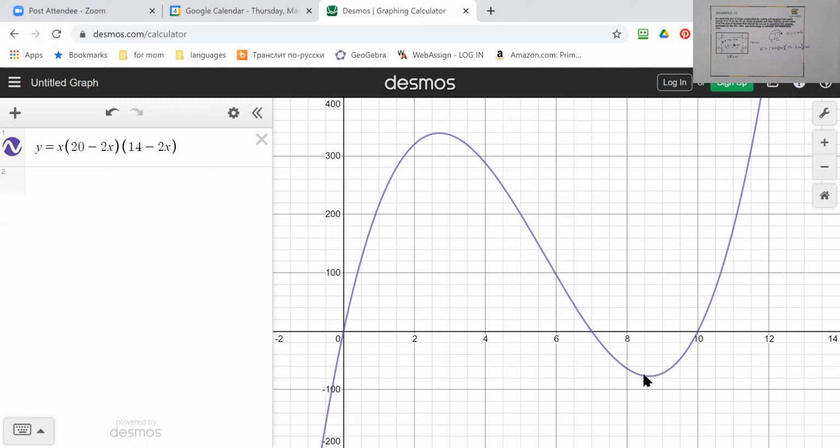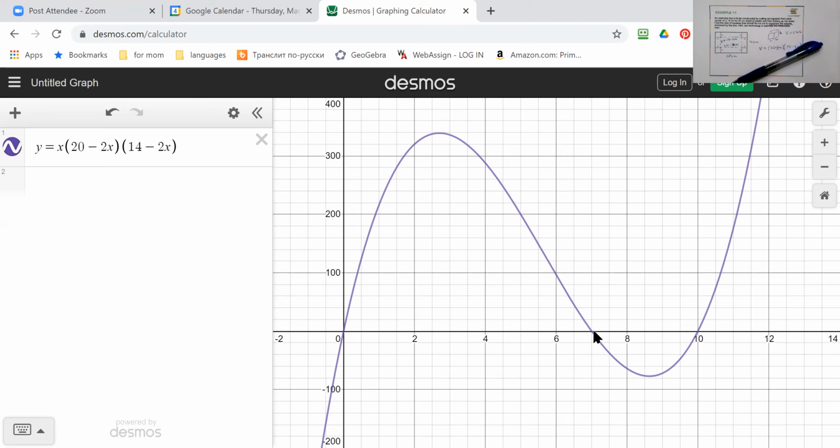Now, how big of squares can we cut out? The value of W cannot be bigger than half of the width of the plastic piece that we have. So the maximum value for W is actually 7, right?